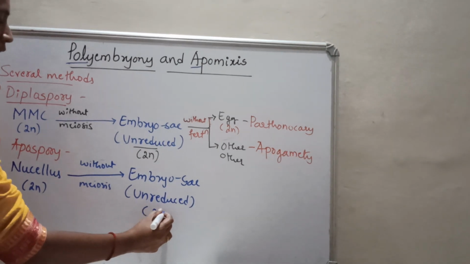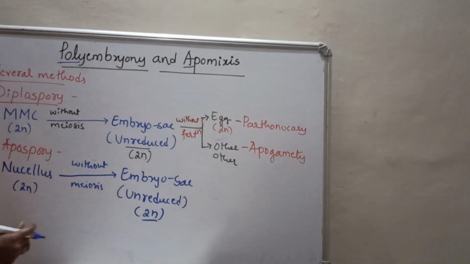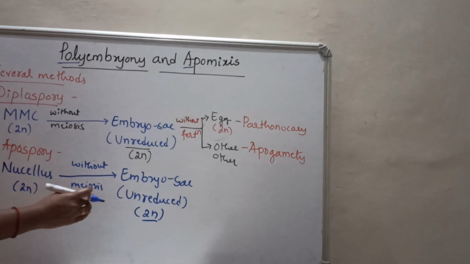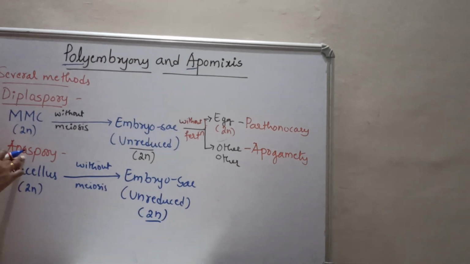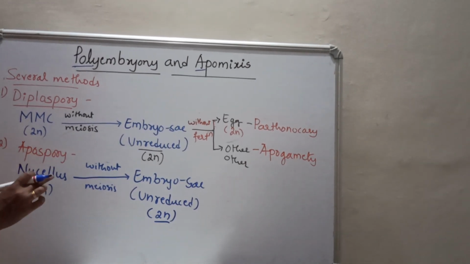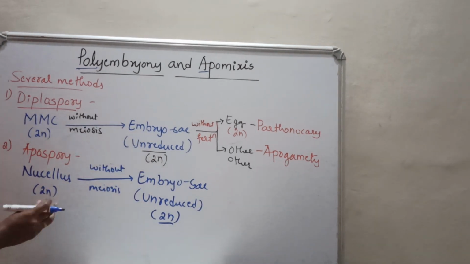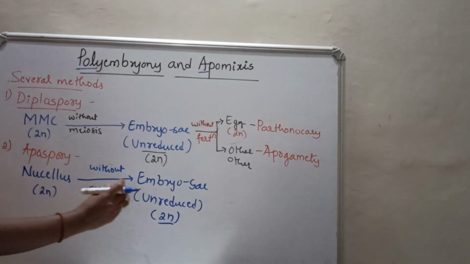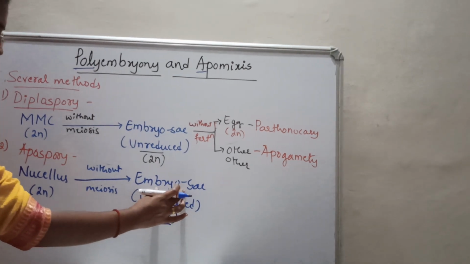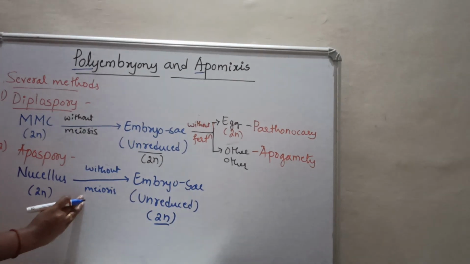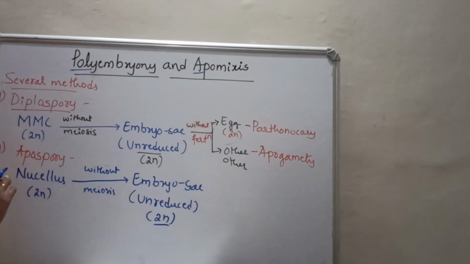It means the embryo sac is also diploid. What is apospory? The diploid nucellus forming the unreduced embryo sac without meiosis is called apospory.